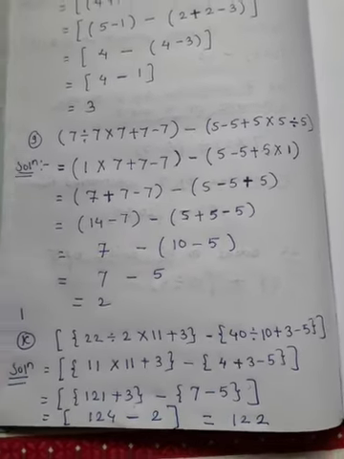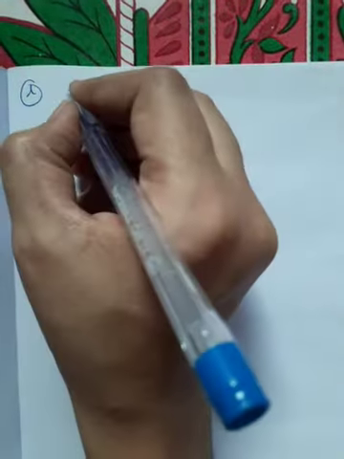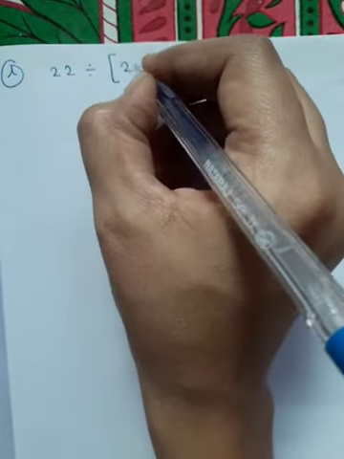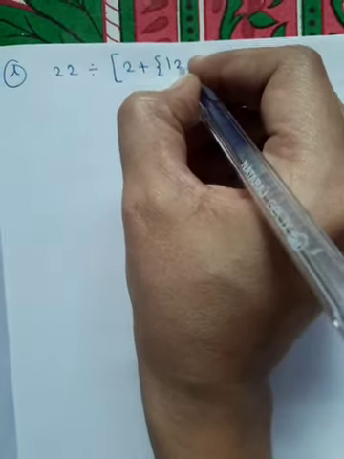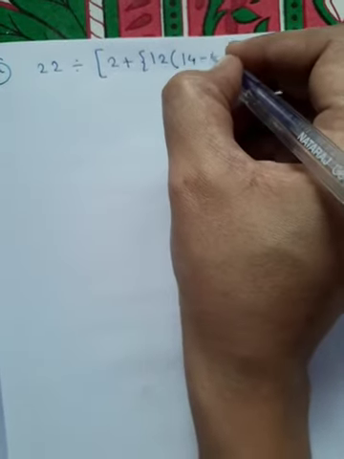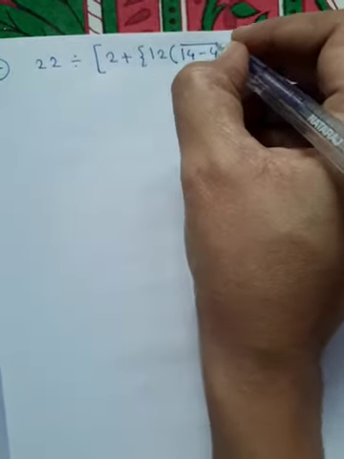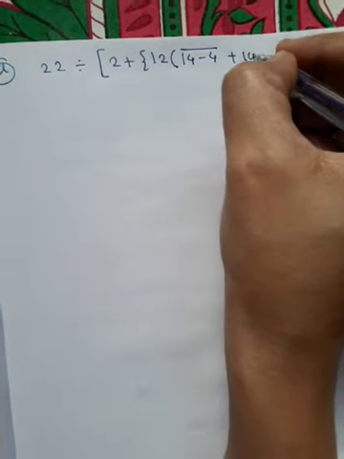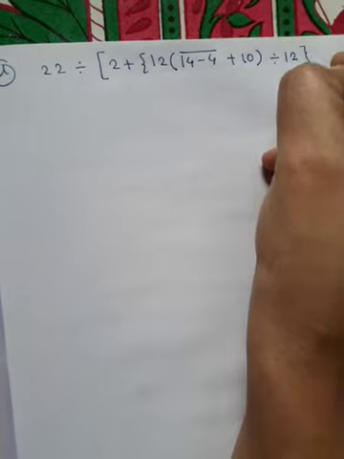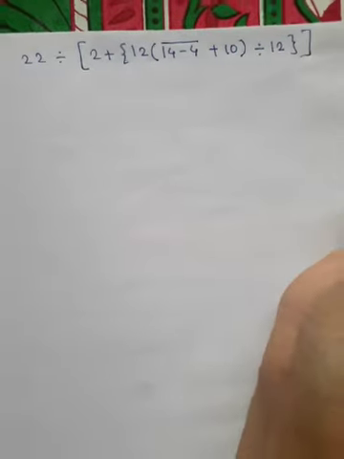Okay, now let's see example number L. Now in L, what is the term? 22 divided by square bracket 2 plus curly bracket 12 multiply round bracket 14 minus 4 under line bracket plus 10, round bracket completed, divided by 12, curly bracket completed, square bracket completed.